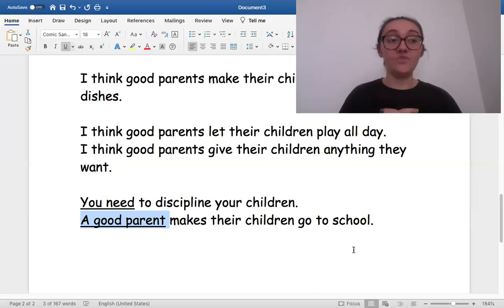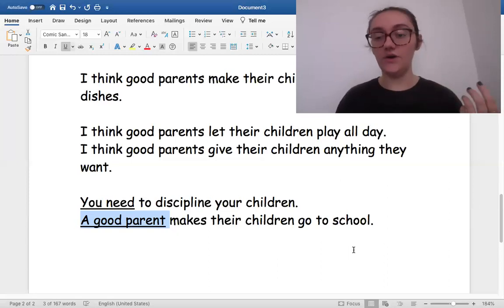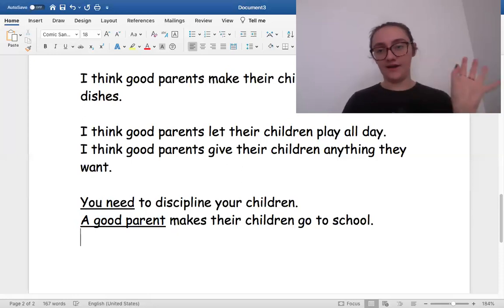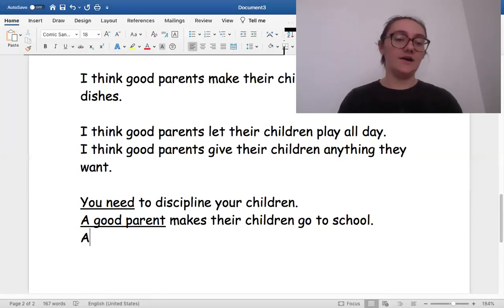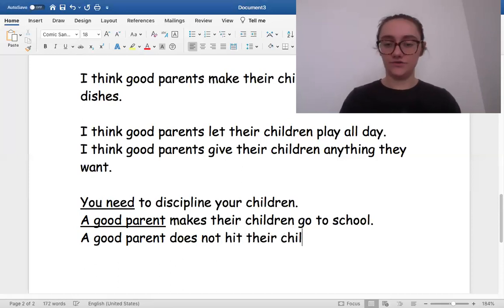But there are some things that it doesn't matter what you think, it doesn't matter where you're from, there's something that you always need to do. So for example, in the United States, it doesn't matter what your culture is, right? A good parent does not hit their children.